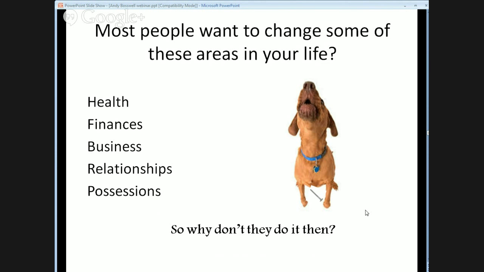And the guy looks at him and thinks, it doesn't hurt him enough. And don't you know lots of people in life, maybe people you've worked with, maybe family members, that just keep howling all day long about their problems, their challenges, how bad their financial situation is, how bad their health is, how bad their business is, and yet they do absolutely nothing about it because it just doesn't hurt enough.